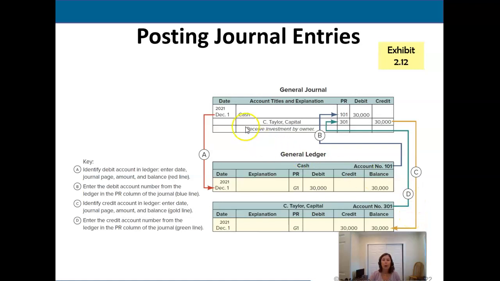When we record from the general journal into the ledgers, we're going to, in this little PR column, which stands for posting reference, indicate the account number that it was recorded in.